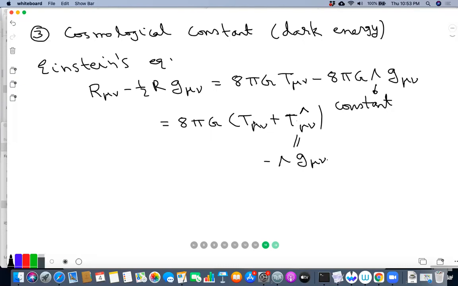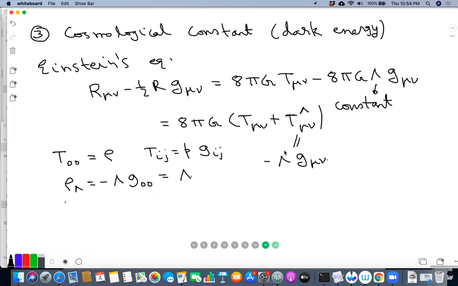So if you want to write it in the form that we had introduced earlier, remember we had our notion that T_00 is rho, and so you see that now rho has got a new component, which I'll call rho_Lambda. T_00 is rho_Lambda, which is minus Lambda times g_00, but g_00 of course is minus 1, so this is Lambda. And T_ij was P times g_ij.